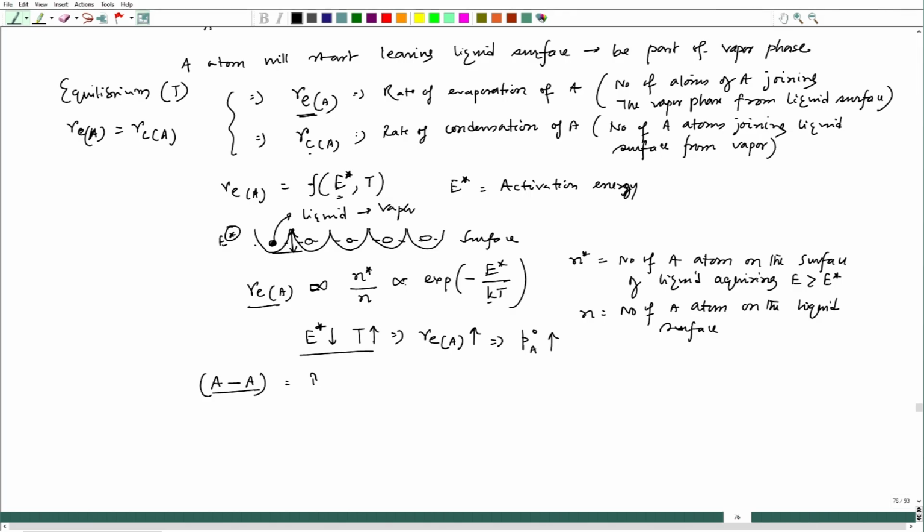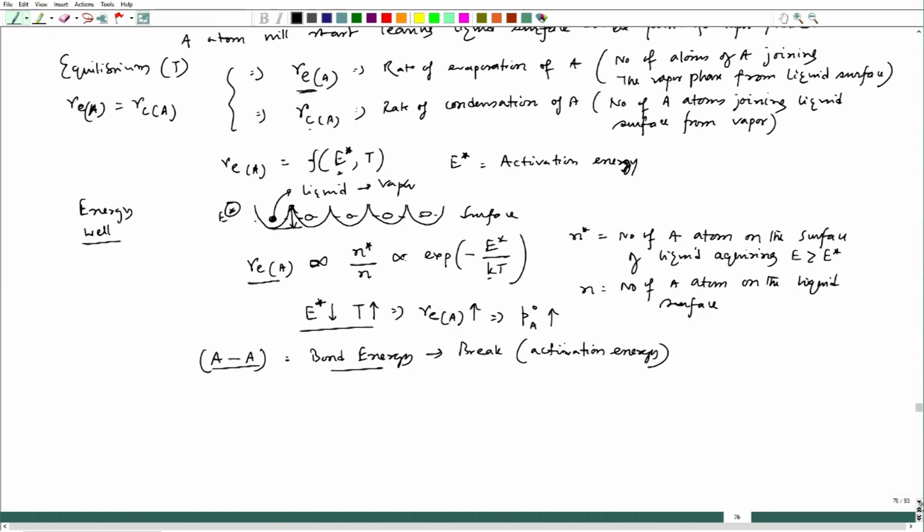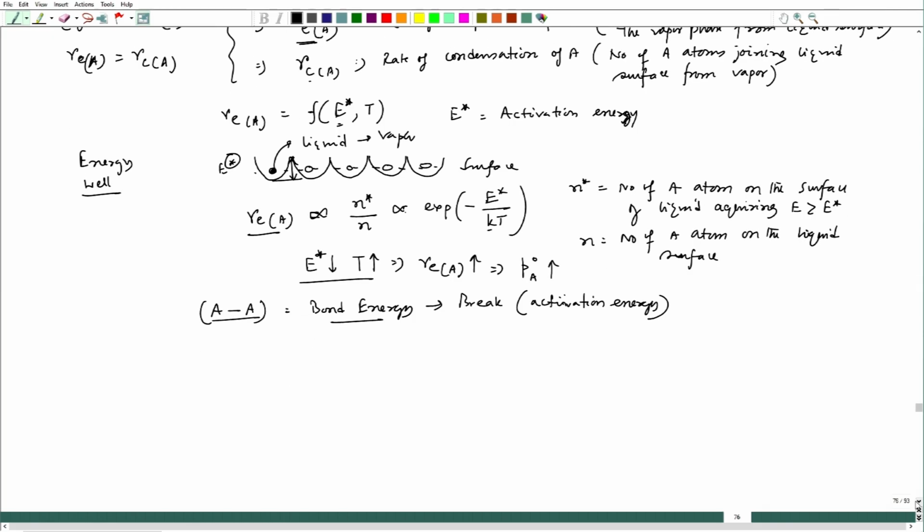So, this bond would lead to bond energy, and in order to break that, you need activation energy. So, those atoms are basically in an energy well.